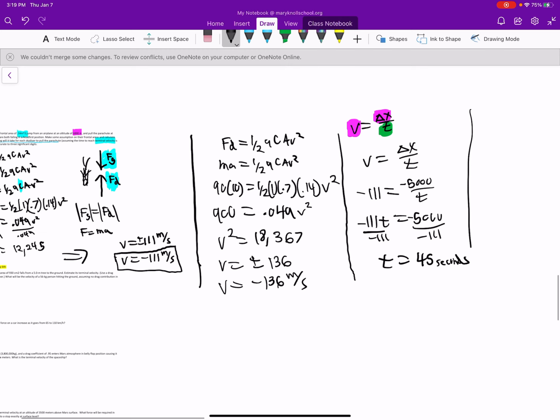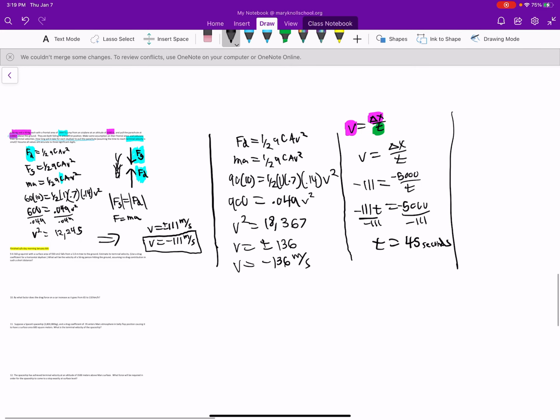Now, how long does it take for the 90 kilogram skydiver? So velocity is change in position over time. So velocity is negative 136 equals change in position, drop 5,000 meters, all over time. But we can't make the same mistake.